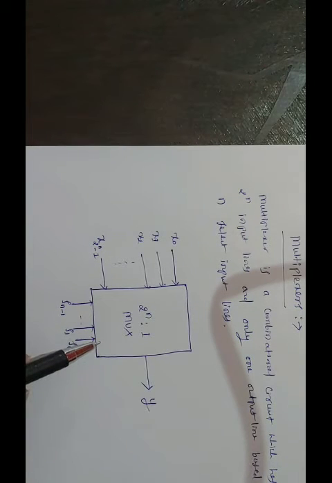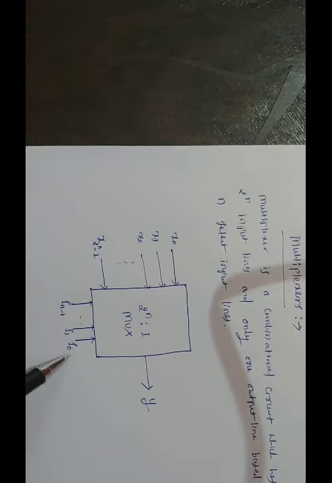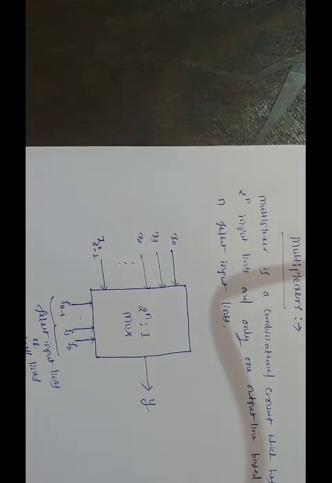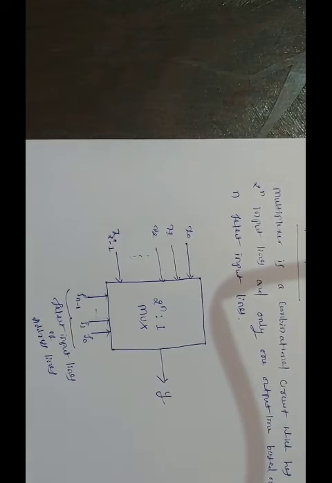Multiplexers are also called data selectors. These select input lines, or select lines, are also called address lines, particularly when you are dealing with microprocessors, where we name them address lines.